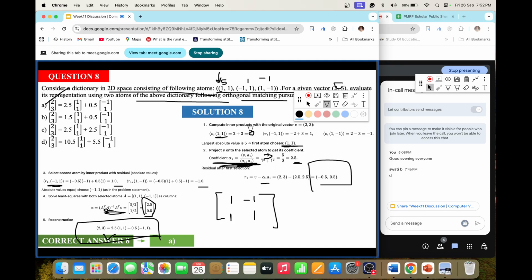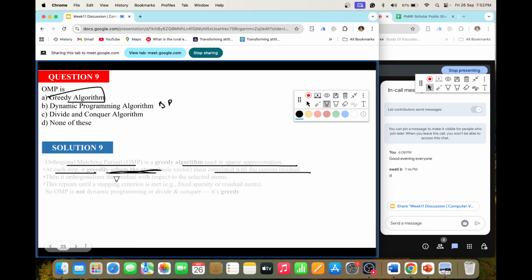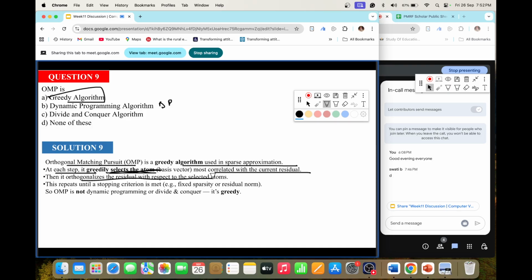Like 5 here and 1 here. Then it orthogonalizes the residue with respect to the selected atom. This repeats until a stopping criterion is met, that is fixed sparsity or the residual norm.